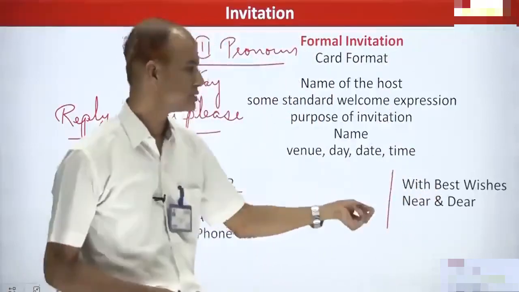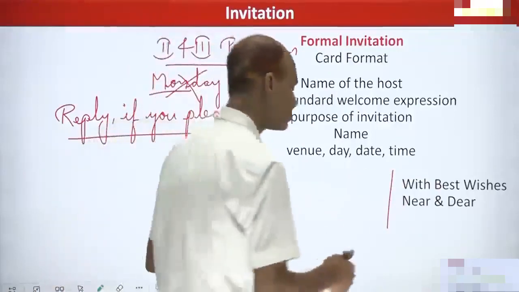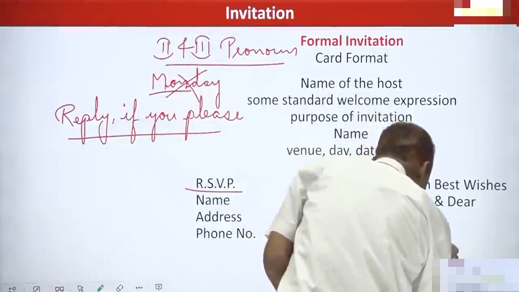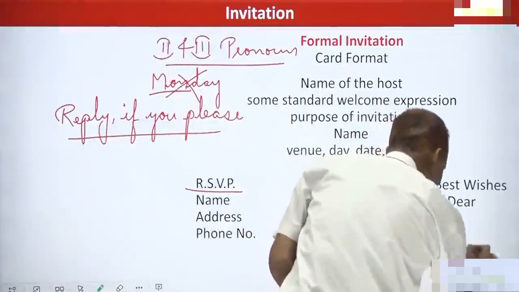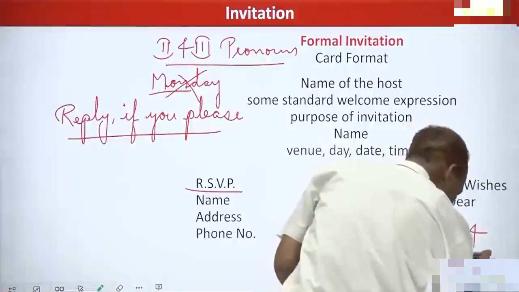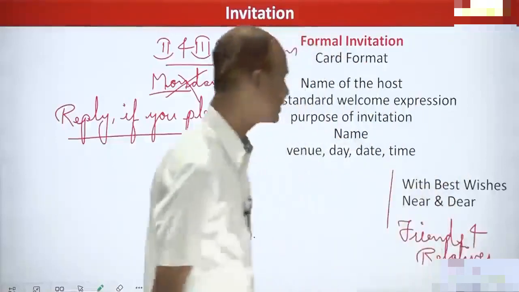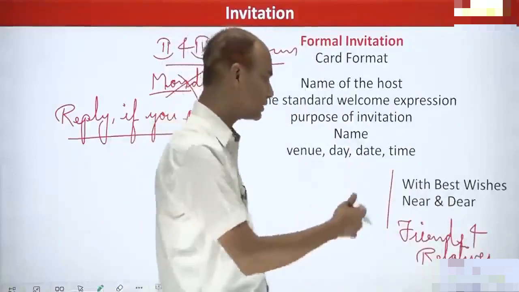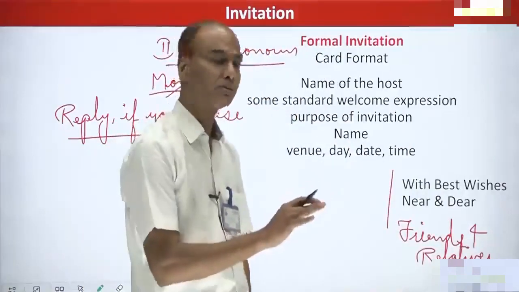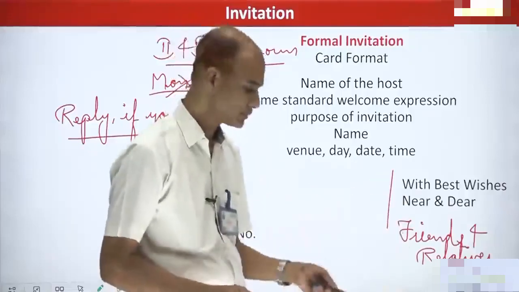With best wishes, near and dear, or you can do what? Friends and relatives. This can be done either near and dear or friends and relatives. So this is what we can do. Either of the two you can use.